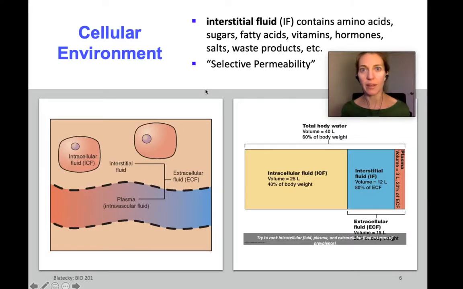So when you think about the environment that our cells live in, I want you to bear in mind the fluids that surround our cells and what's in those fluids. So to look at the composition of water in the human body, you have water in our bloodstream. So that's going to be our plasma or our intravascular fluid, intra meaning within, and vascular, our vascular system.